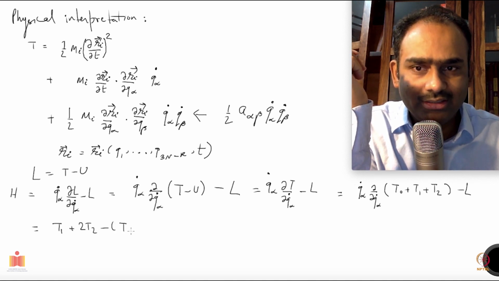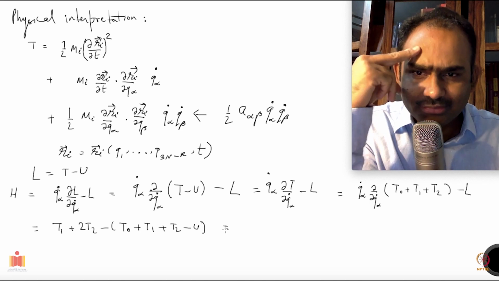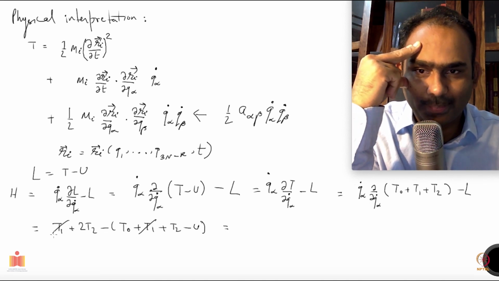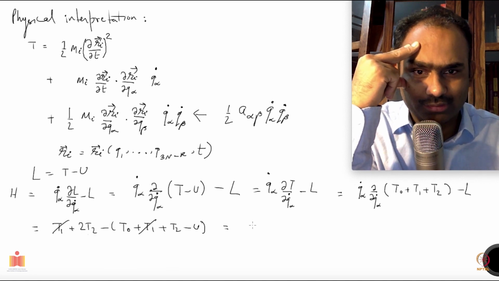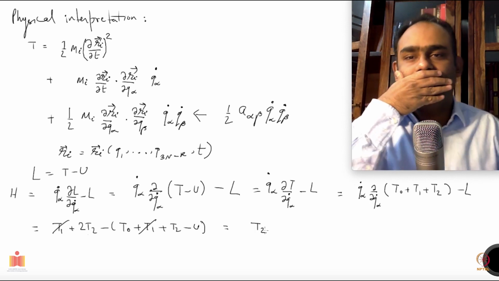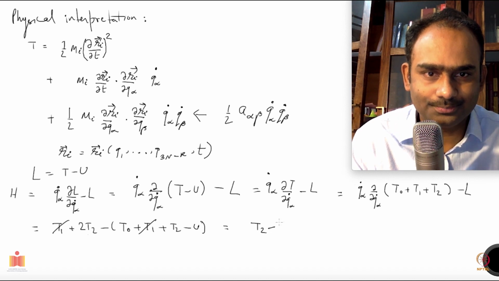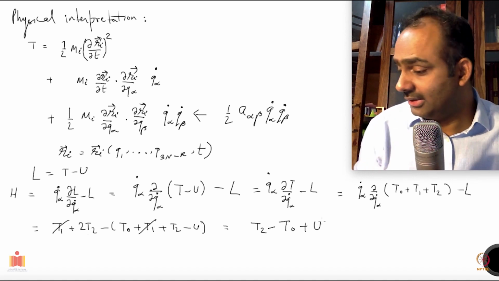L is T minus U, which is T0 plus T1 plus T2 minus U. So I have a T1 which cancels. There is a T2 and a minus T2, so you get a T2 and minus T0 plus U. I hope that's correct.